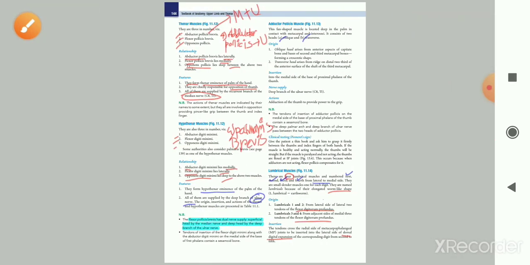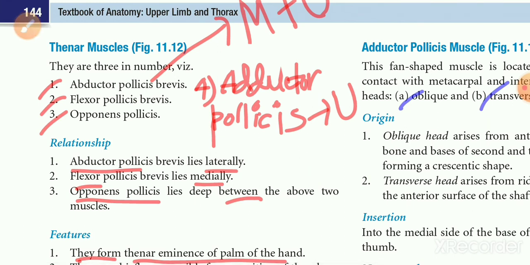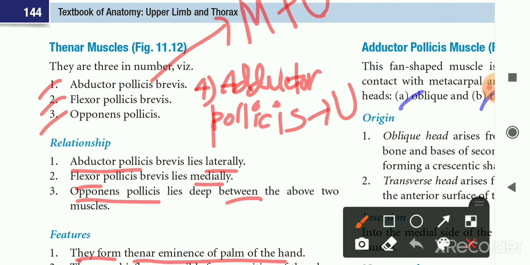Now let's move to the thenar muscles. There are 4 thenar muscles: abductor pollicis brevis, flexor pollicis brevis, opponens pollicis, and adductor pollicis. We already said that thenar muscles are located under the base of the thumb, and we know that another name for the thumb is pollicis.